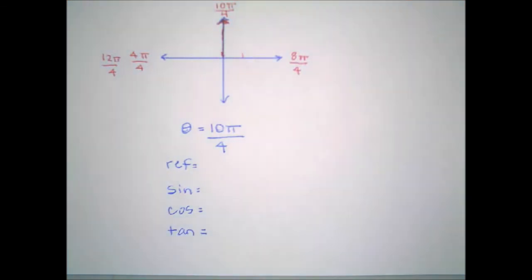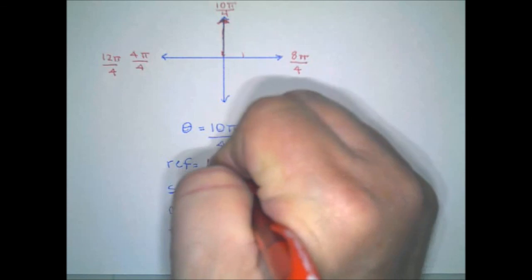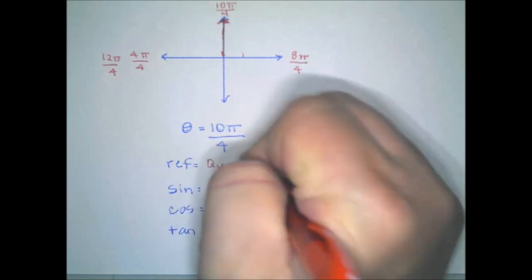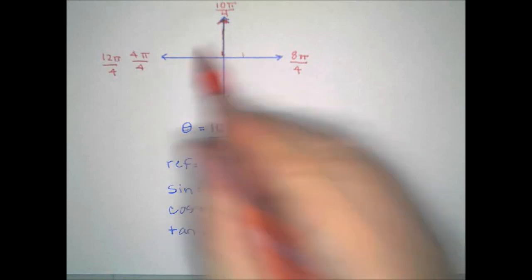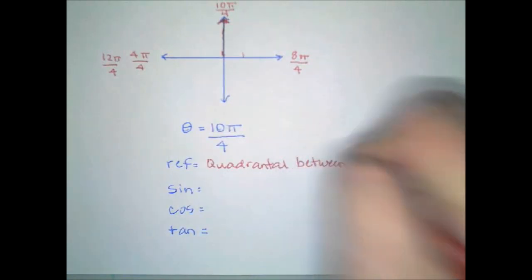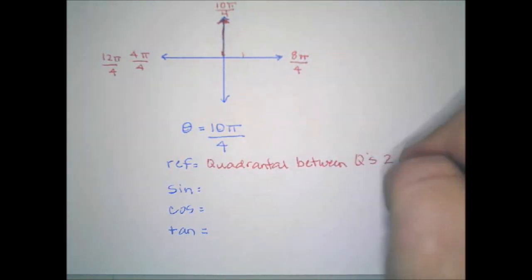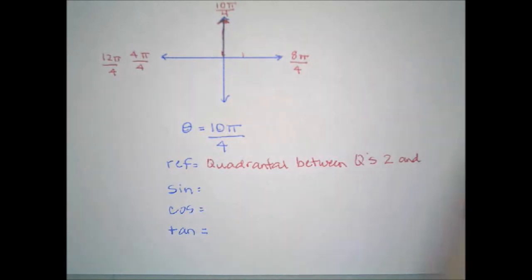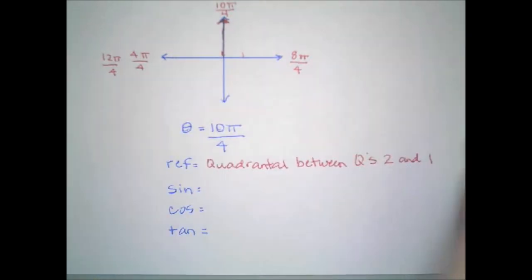Okay, I'm definitely on a quadrantal, so my reference is a quadrantal. Between quadrants 2 and 1, actually, I'm sorry, not 2 and 3, 1 and 2. Between quadrants 2 and 1.